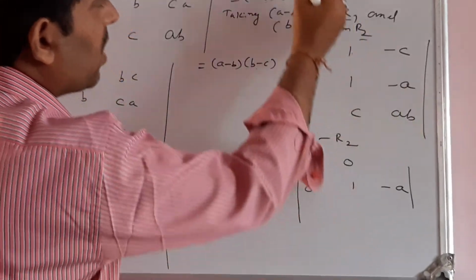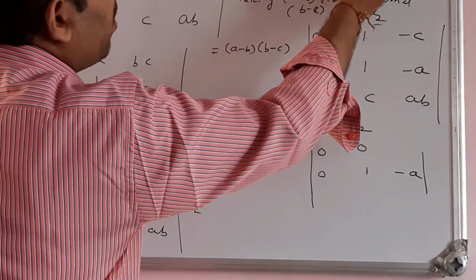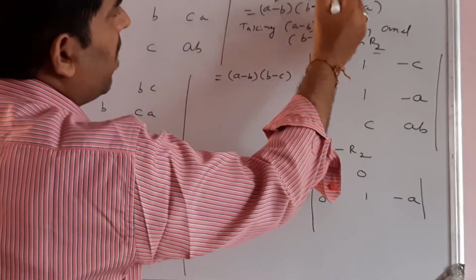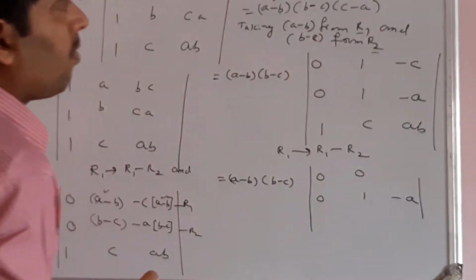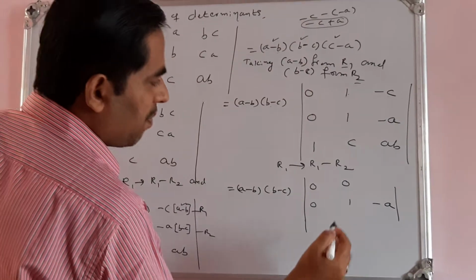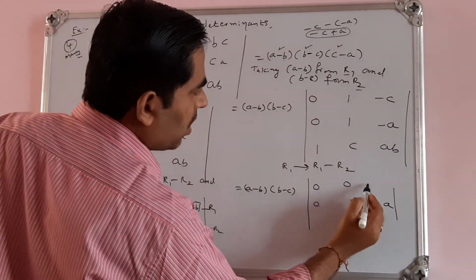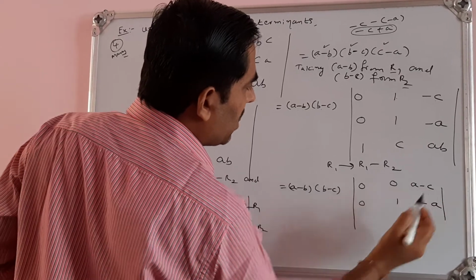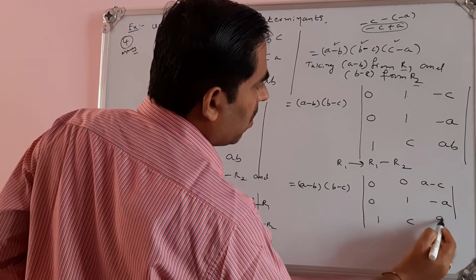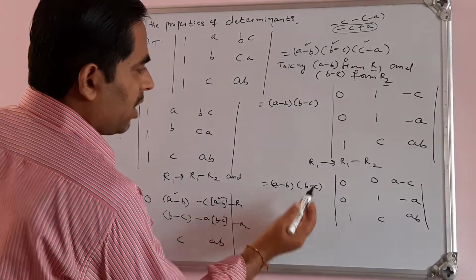Then minus C minus of minus A, that is minus C plus A, which is written as A minus C. Then the third row, I can write as it is. So A minus B into B minus C.